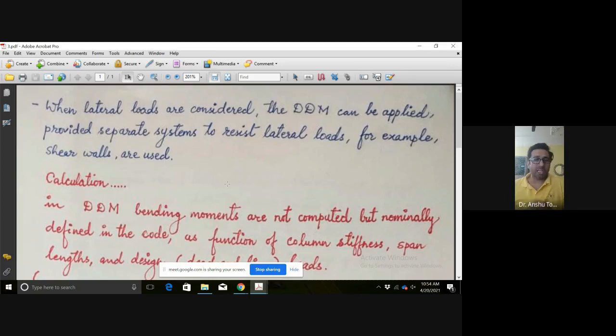They have used shear walls along with your traditional column and beam frame system to resist the earthquake loads in the lateral direction.